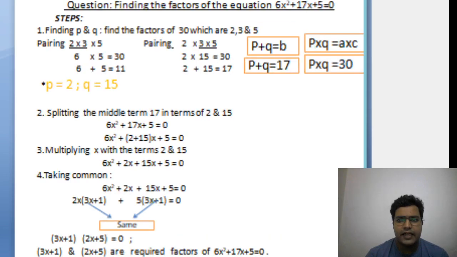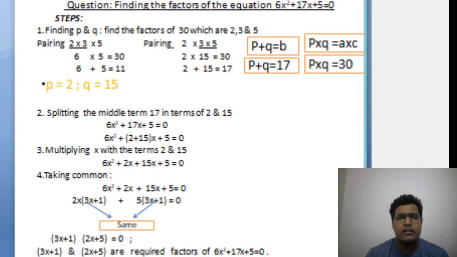So let's take a practical example, an actual polynomial equation whose factors need to be found out. The question is finding the factors of the equation 6x square plus 17x plus 5 equals to 0. Here we can see clearly that in the previous slide we have seen ax square plus bx plus c equals to 0.